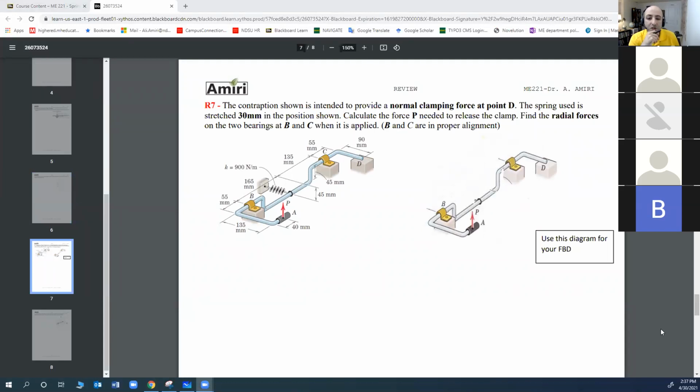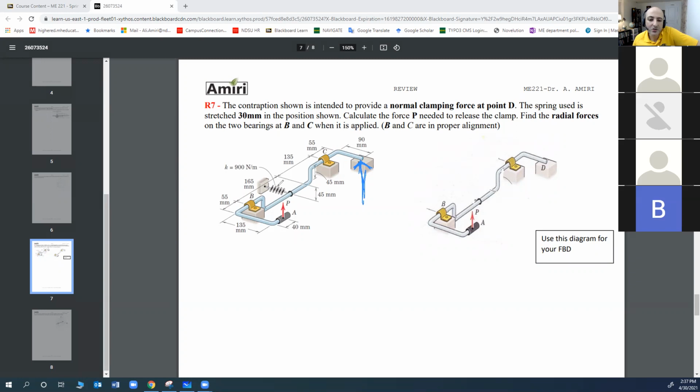The contraption shown is intended to provide a normal clamping force at point D. Okay, a normal clamping force at point D. Something like this. This is a normal force perpendicular to that surface. The spring is stretched 30 millimeters.